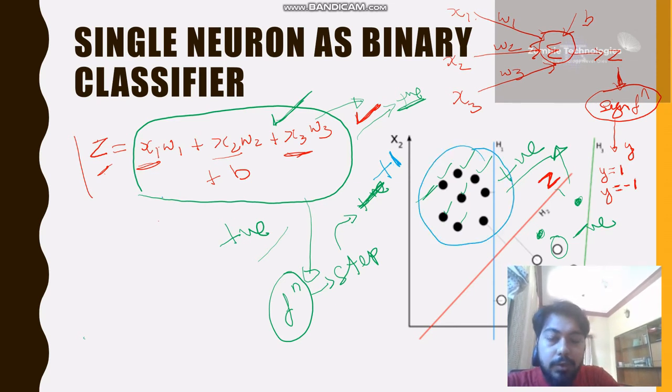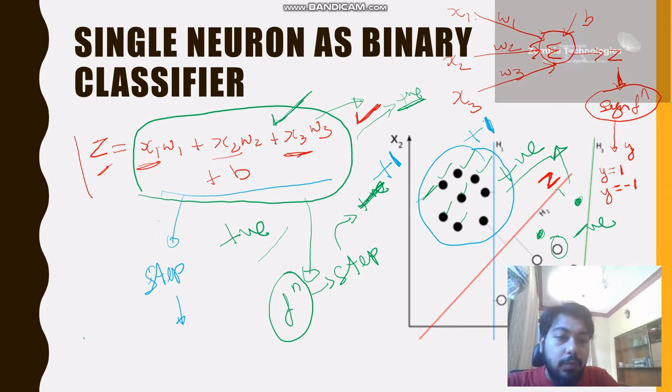If I give the output of this equation to the activation function, that is nothing but the step function, I could simply say for all these points I will get the output as plus 1 from my neuron, and for all these points I will get minus 1 from my neuron.